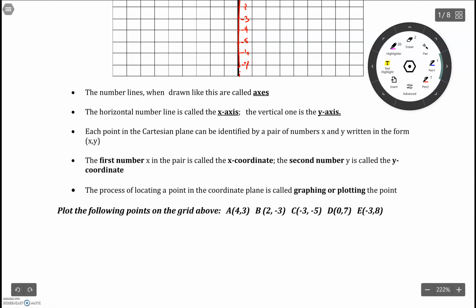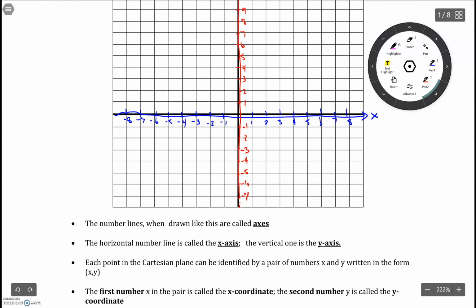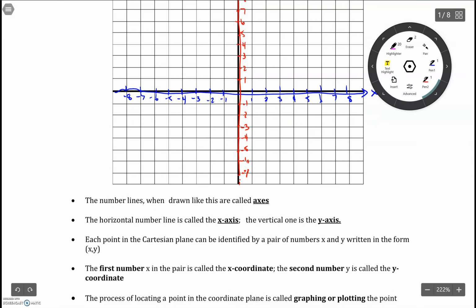We say ordered because we always have the x value come first and the y value come second. And if we change the order, then it changes the location. So to plot the point (4, 3), our point A in the Cartesian plane, we interpret that as having an x value of 4 and a y value of positive 3.